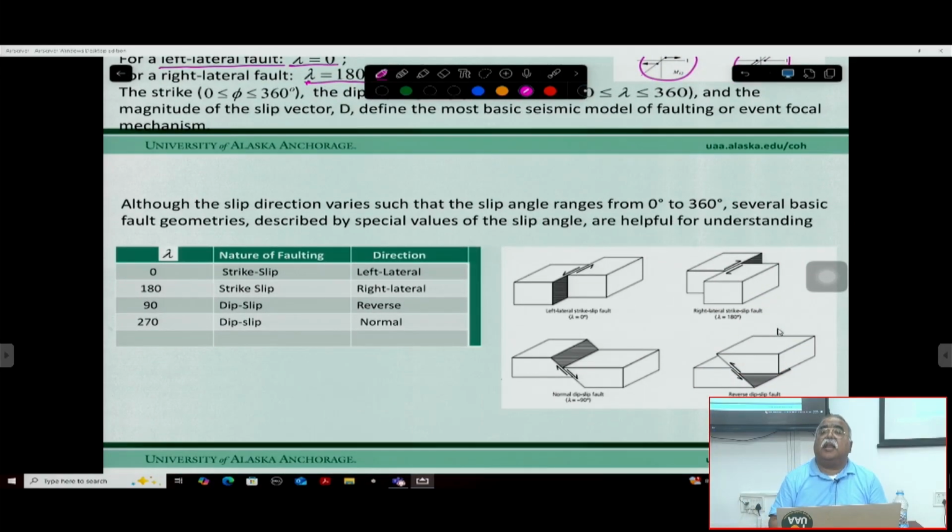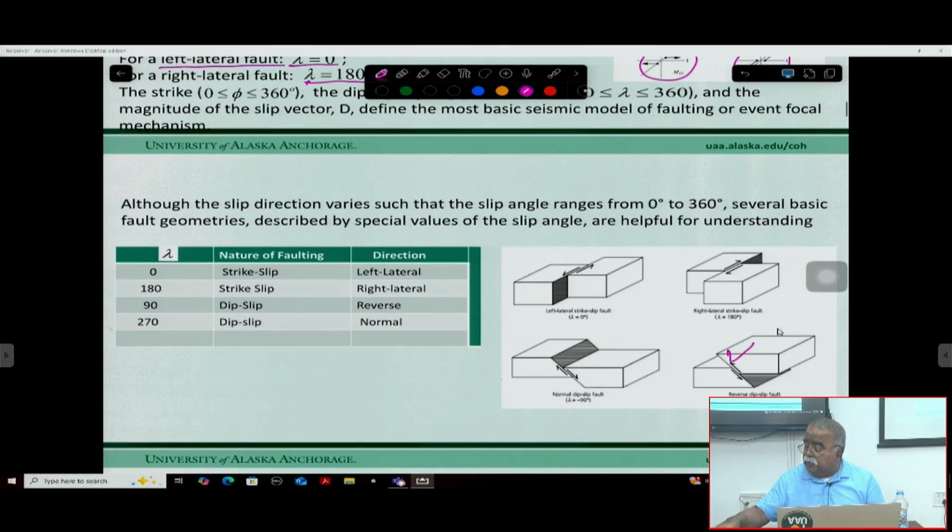So based on the lambda value, lambda 0 is a strike slip fault. Lambda 180 is also strike slip, but one is left lateral and the other right lateral. At 90 degrees, it is a dip slip, a reverse fault. And 270 degrees is basically the normal faulting.